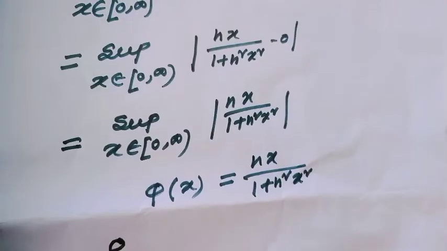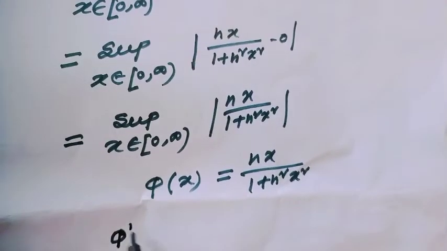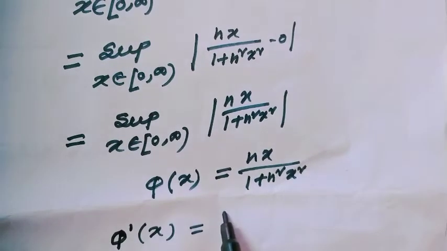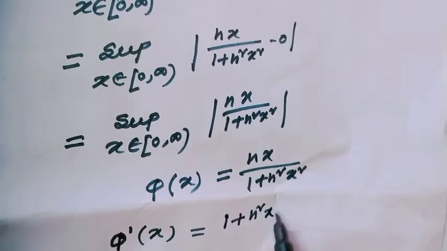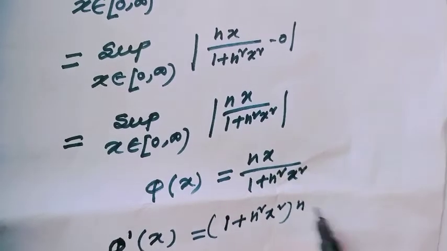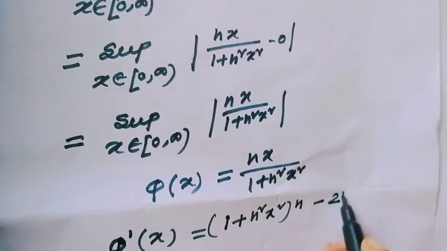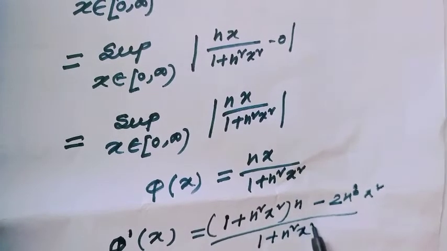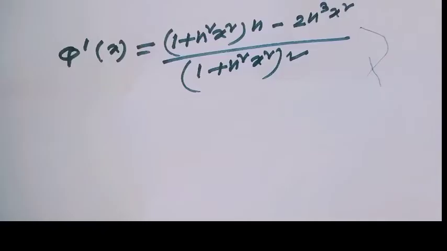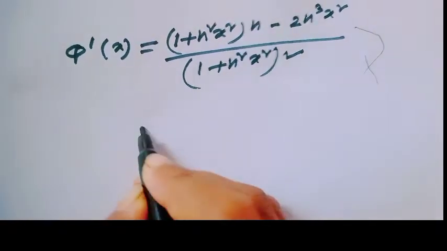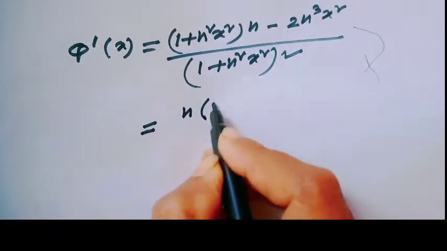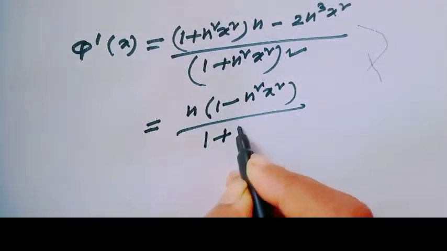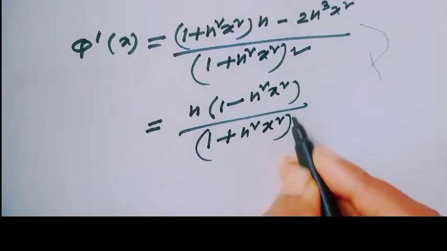Now, to find the supremum value, calculate at first phi prime x. This would be (1 plus n square x square) times n minus 2n cube x square, over (1 plus n square x square) whole square, which is similar to n times (1 minus n square x square) over (1 plus n square x square) whole square.